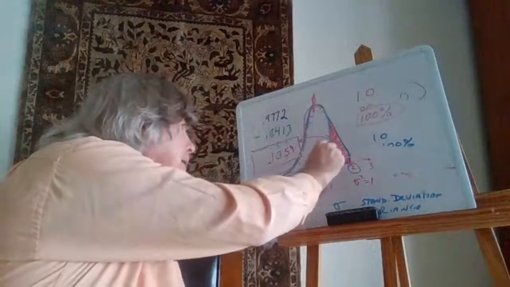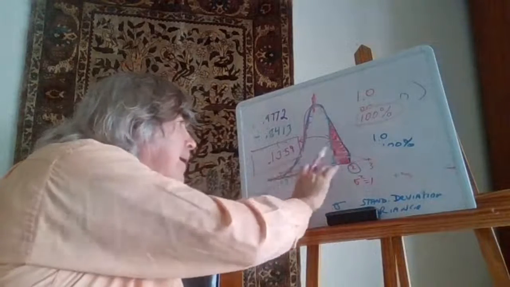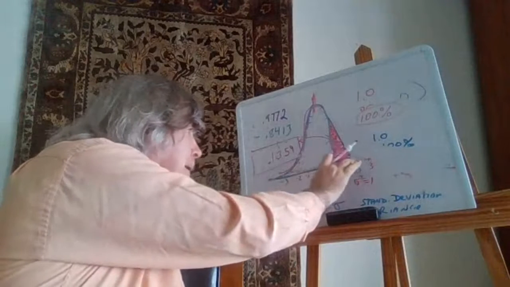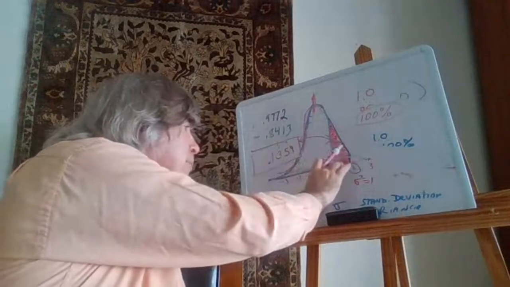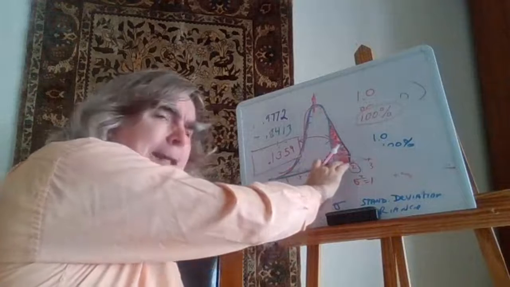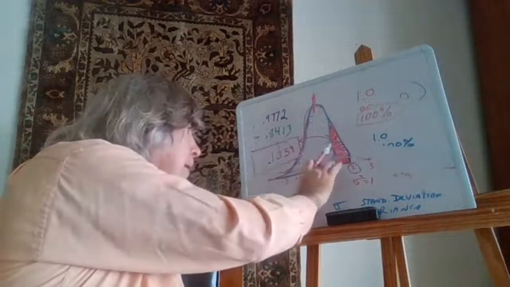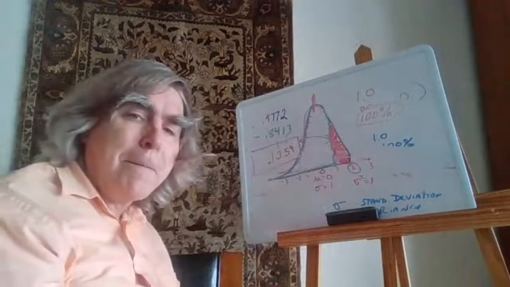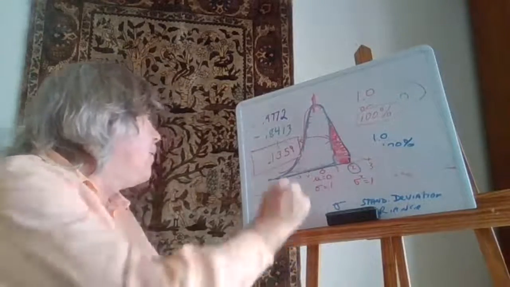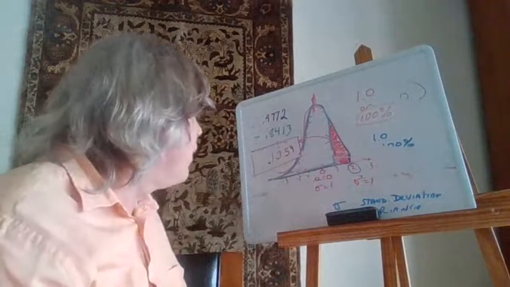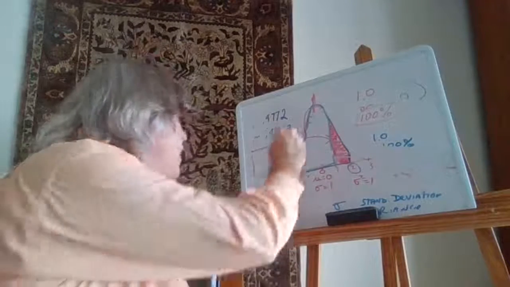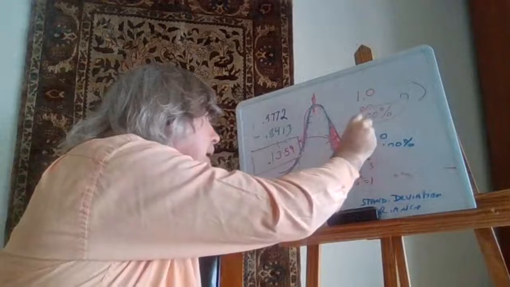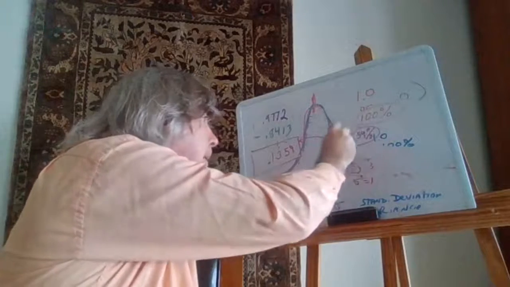To get to this red area, I had to get the area from minus infinity all the way to here, and then subtract off the part that I didn't want, which was from minus infinity to here. I cut that off, and bingo, I end up with 0.1359 or 13.59%.